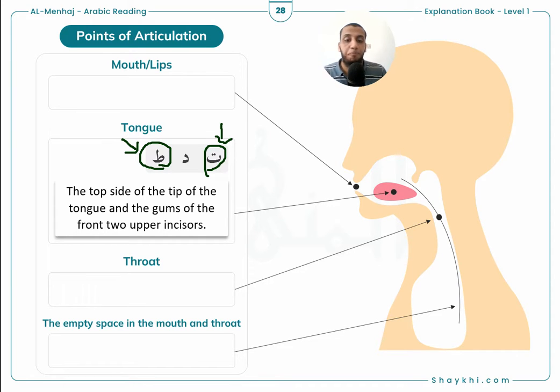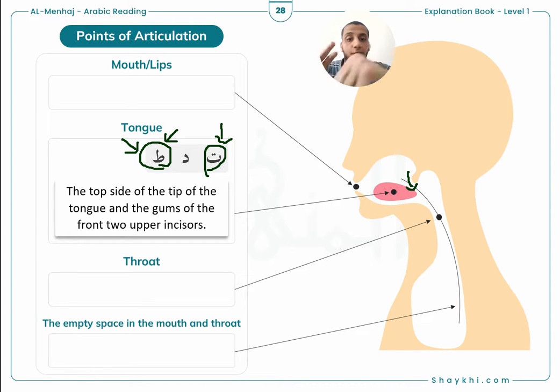It means that the back of the tongue is raised when we pronounce the heavy letter, because we said before that if the back of the tongue is raised, this letter will be heavy. But if the back of the tongue is not raised, this letter will be light. So heaviness and lightness deal with the back of the tongue.